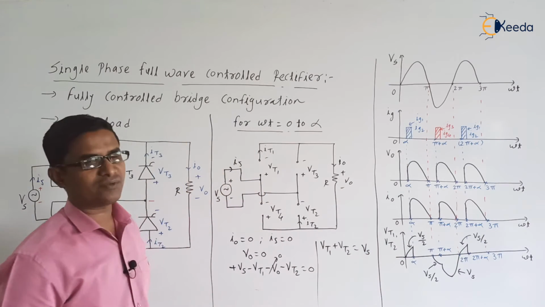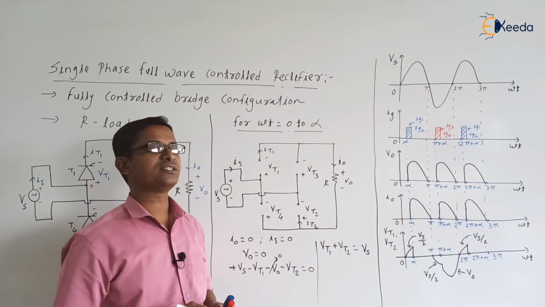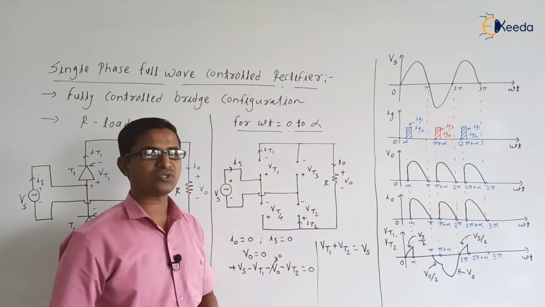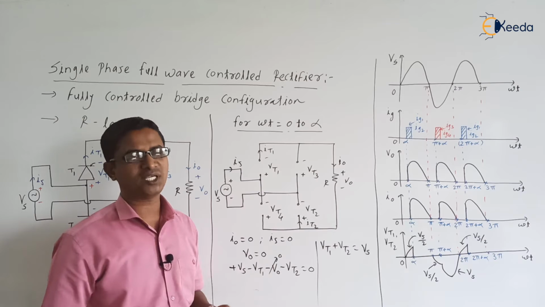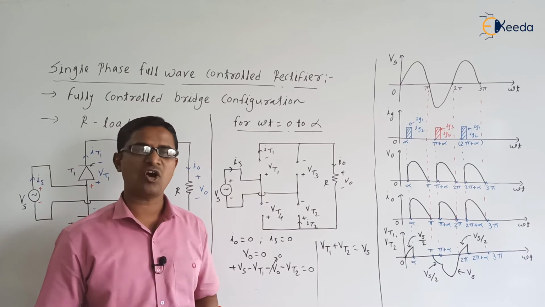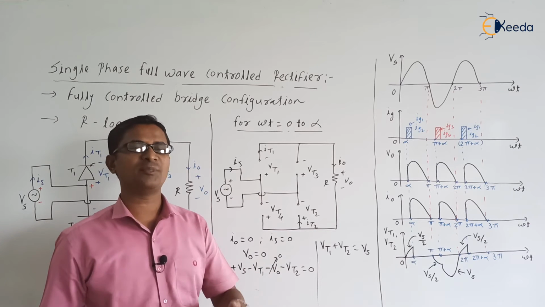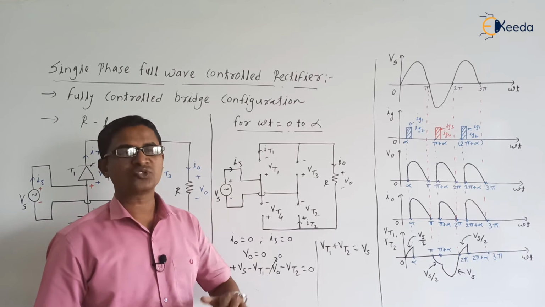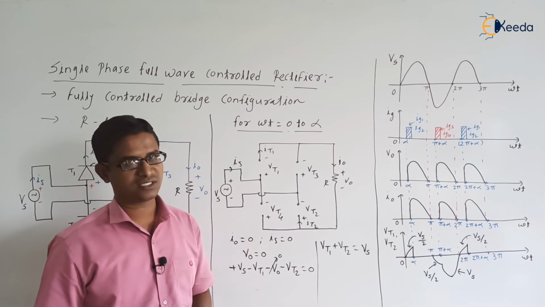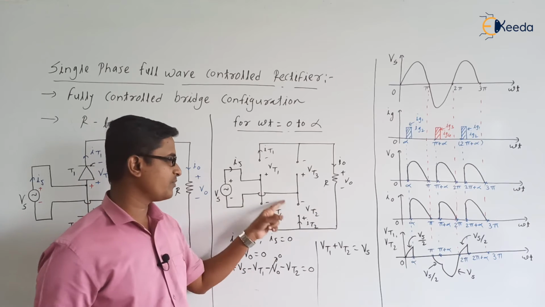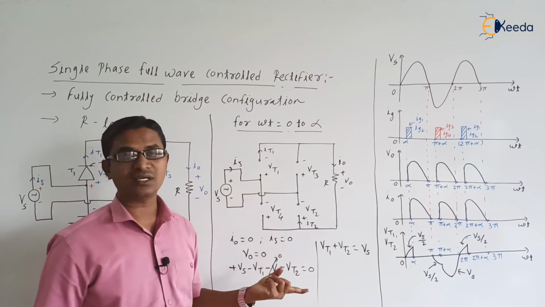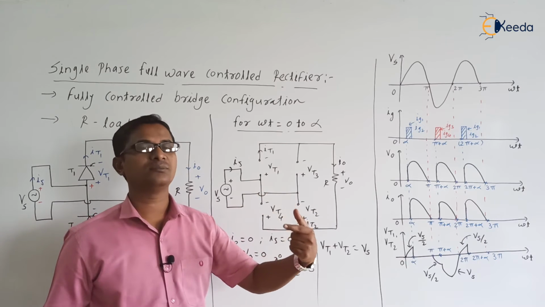Now if you check, Vt1 is the voltage across thyristor T1, Vt2 is the voltage across thyristor T2. Both the thyristors are in the off state, okay? Both are made up of the same material, so both are having the same equivalent resistance. And the current flowing through them is also same, because both are in the forward blocking mode.